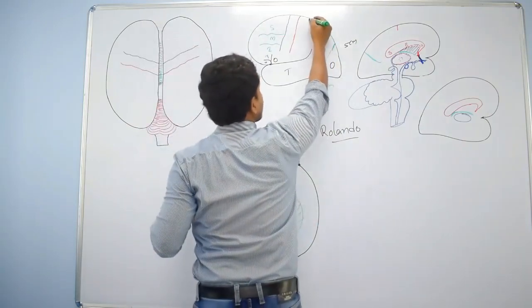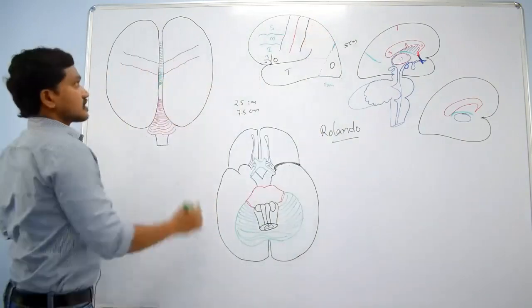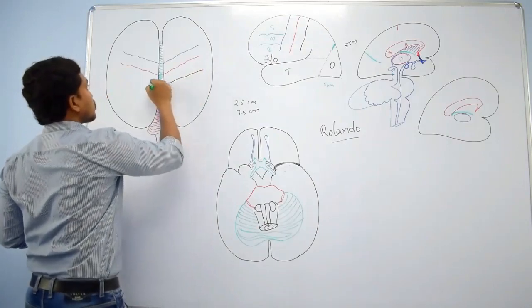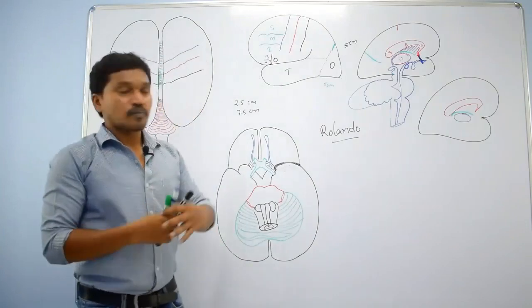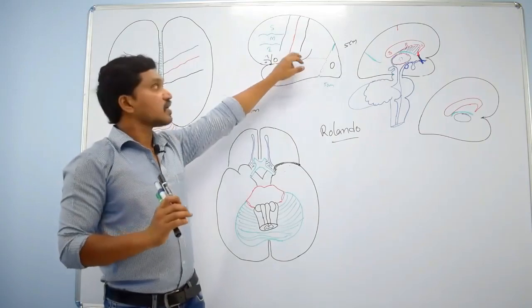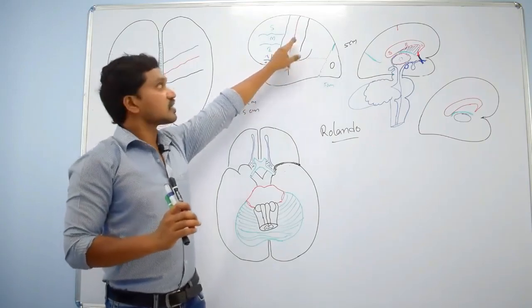sulcus. This sulcus what we call post-central sulcus. This post-central sulcus present behind the central sulcus. Post means behind, right? In between the central sulcus and post-central sulcus, this gyrus is there.